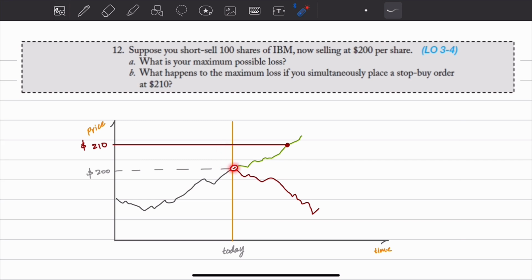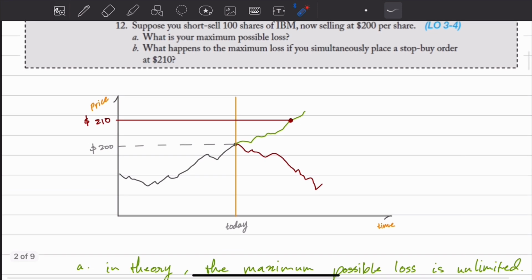You borrow the stock here, you sell it right away for $200 per share. It goes up in price to 210. You're going to have to buy it again at 210. So your loss in this scenario is going to be limited by this difference, the $10 difference, right?